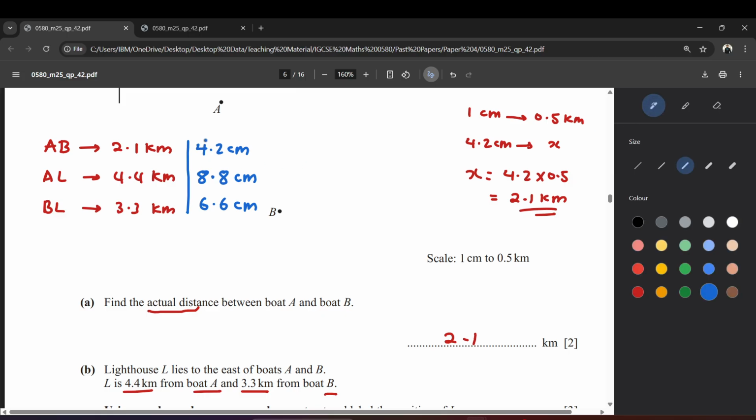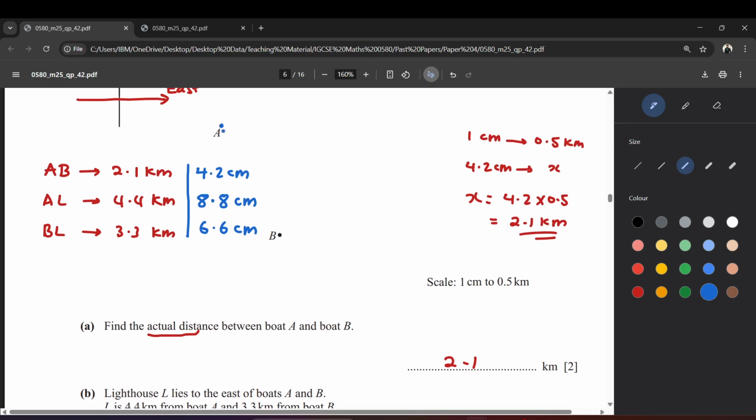Now, if you have done questions where you have to construct a triangle and all three sides are given to you, you use a compass to do that, right? This is exactly the same question. You put your compass at point A and open it to 8.8 centimeters, and make an arc over here.